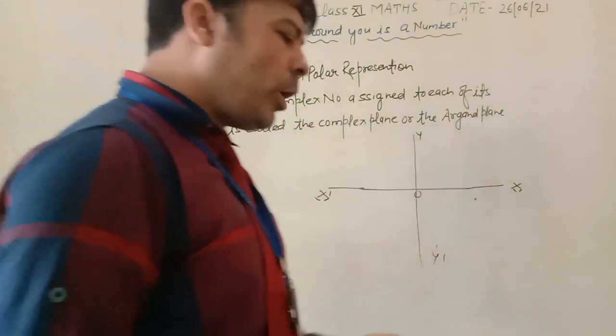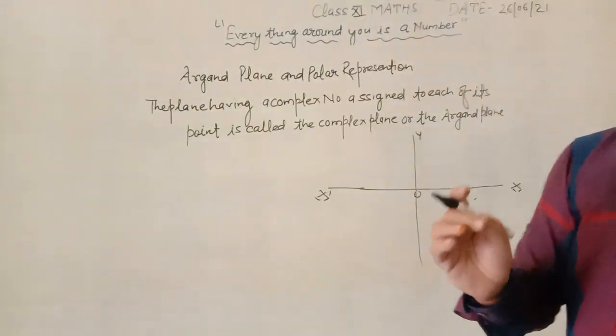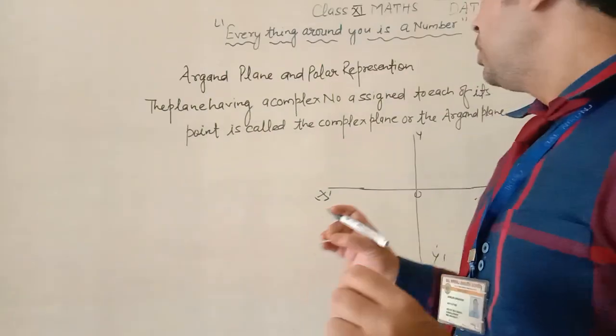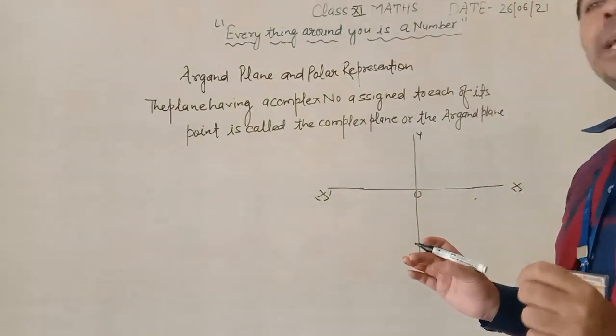Now, you know that in coordinate geometry, you can locate an ordered pair of a point.